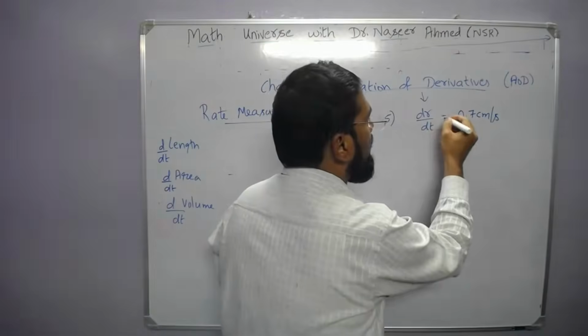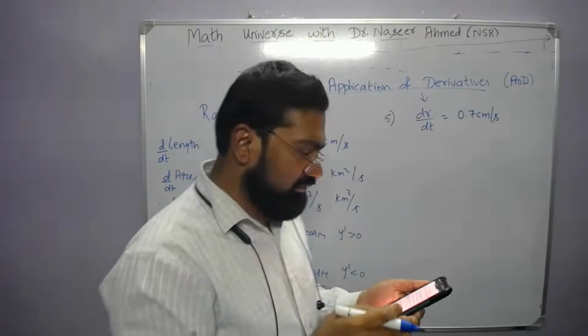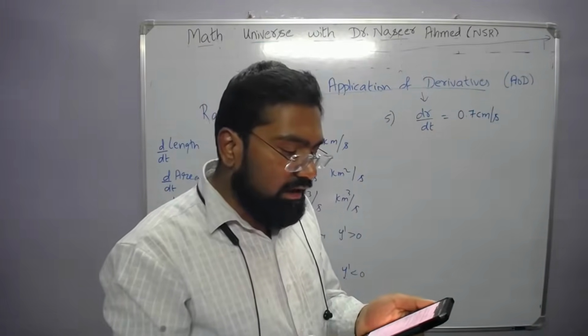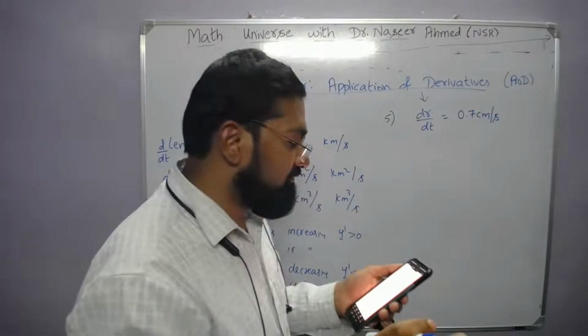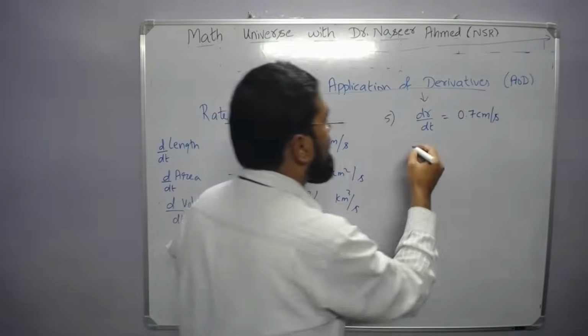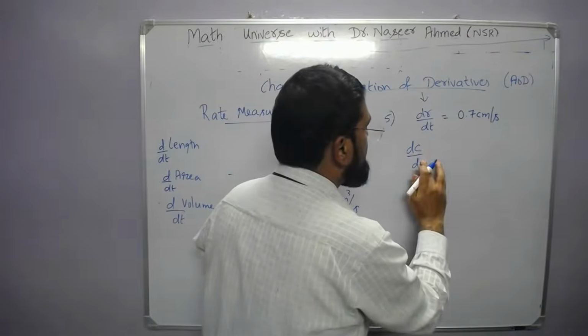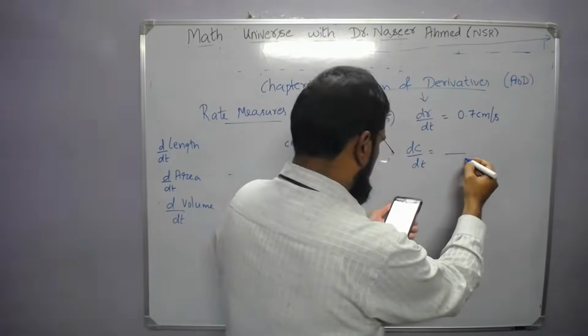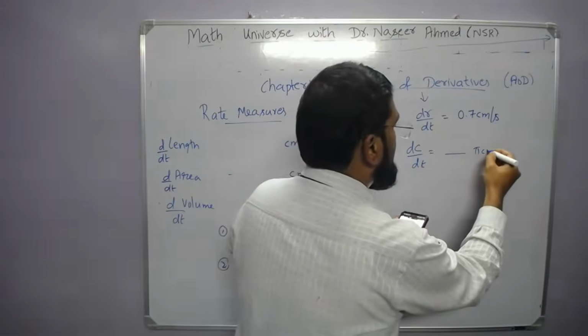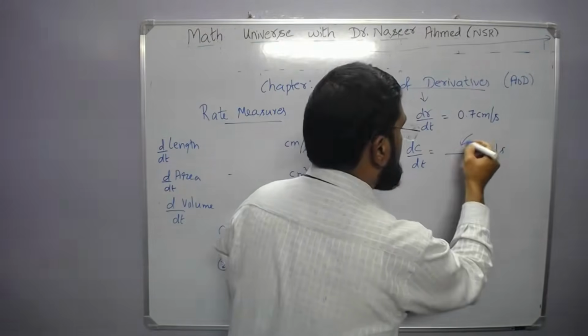I hope this is clear. Then the rate of increase of its circumference is what they're asking, and they've given here pi centimeter per second. So I have to find that number.